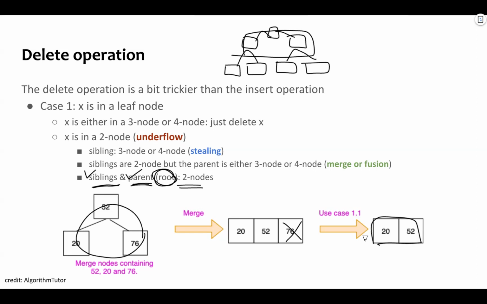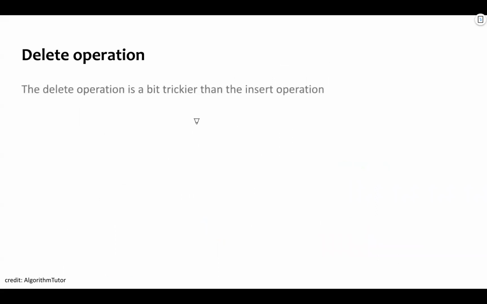So that is the deletion operation when X is in a leaf node. However, we sometimes want to delete when X is in an internal node. How can you delete a node that is an internal?